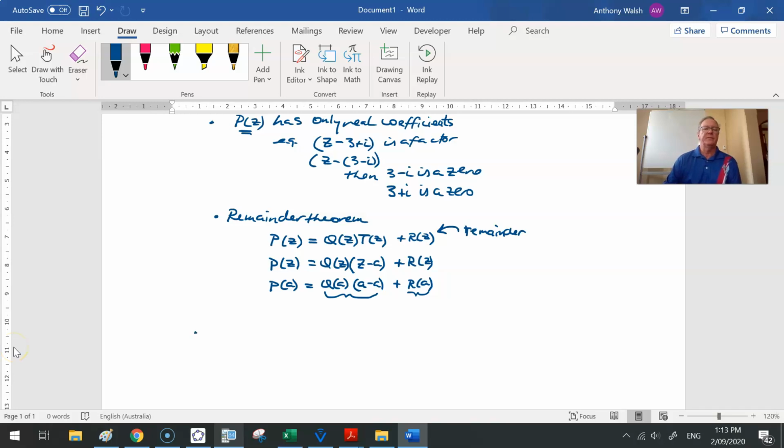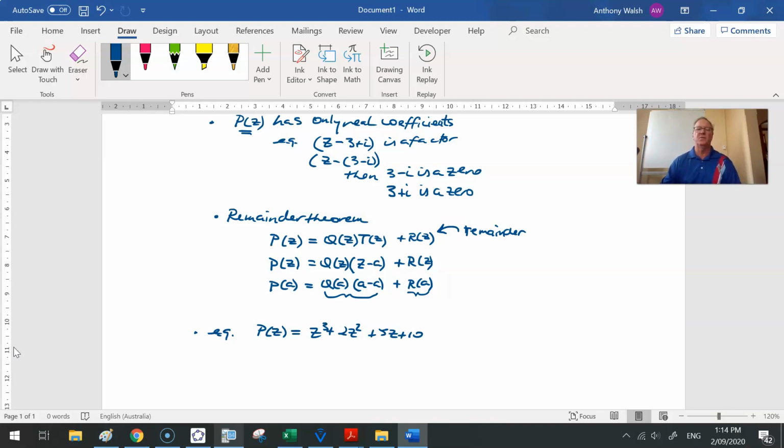Just to finish with an example, or maybe two. Say that I've got this polynomial, z cubed plus 2z squared plus 5z plus 10. Now you could be asked to say, well, maybe this polynomial equals 0, find the values of z. Or it might be just asking you to find the factors of this particular polynomial, so factorize it.